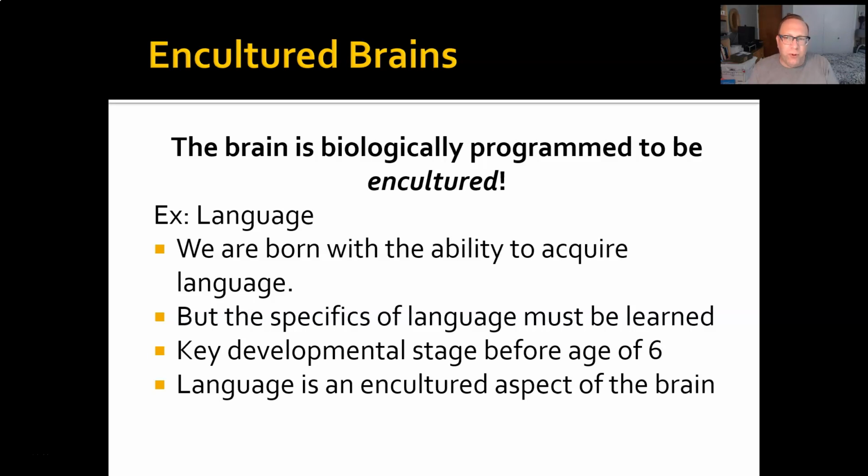We are all born with the ability to acquire language, and we have a period of time, especially in the first sort of 5 or 6 years, when we seem to be almost primarily wired to do that, to acquire a language. We do it very effortlessly during that time period.